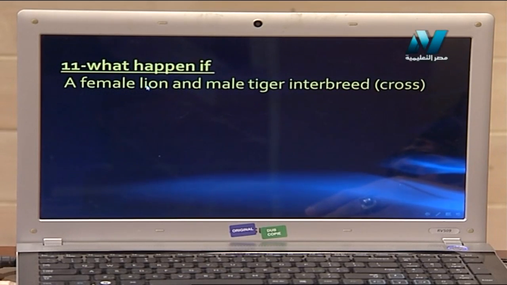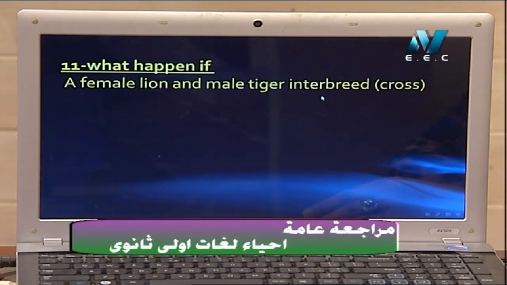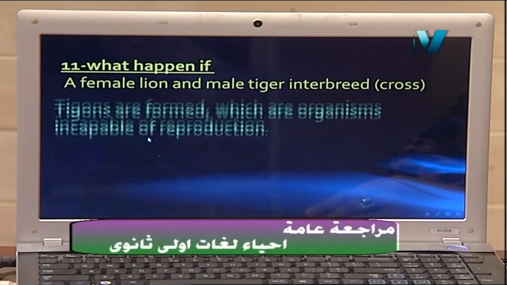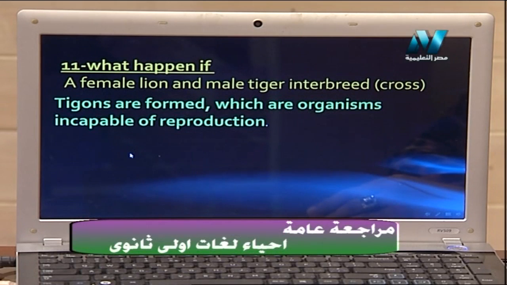A tiger is another species. What happens if the two species are crossed, interbreed together? Do you think this is normal? It will produce tigons. Tigons are formed.